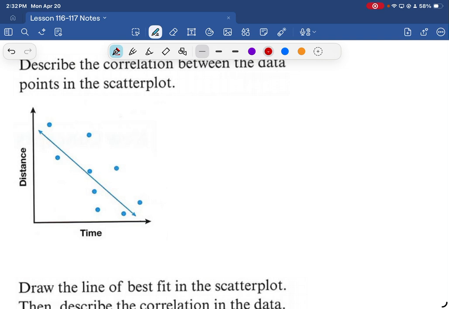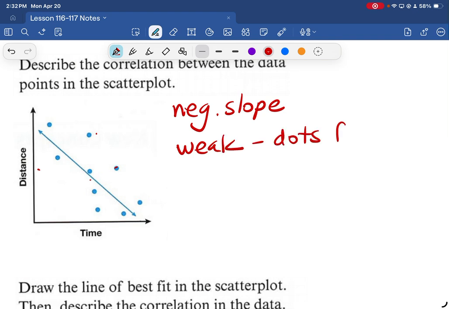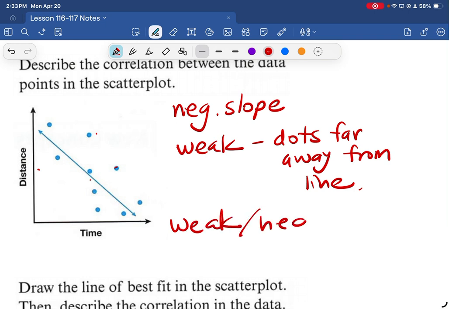Because it's a negative slope, it'd be negative weak, and the dots are far away. So weak. And we're going to put dots far away from line, just so when you look back at those notes later, you can remember. So it's, like you said, a weak negative.